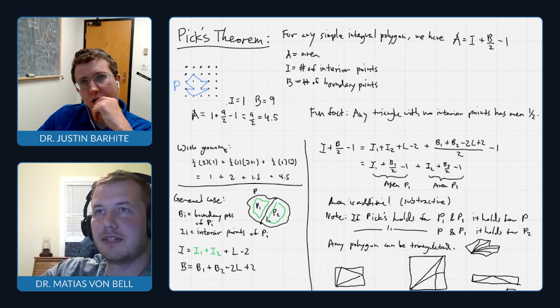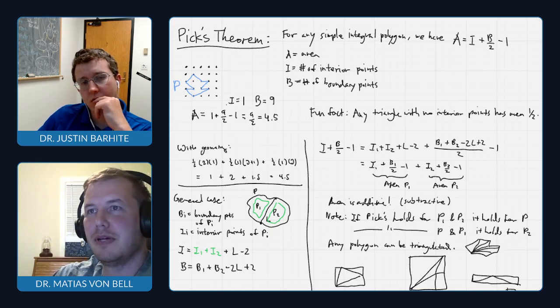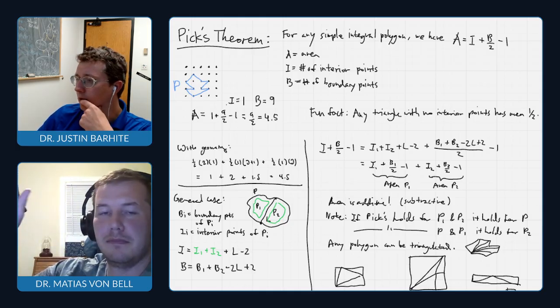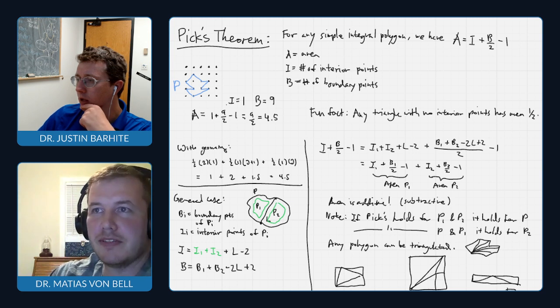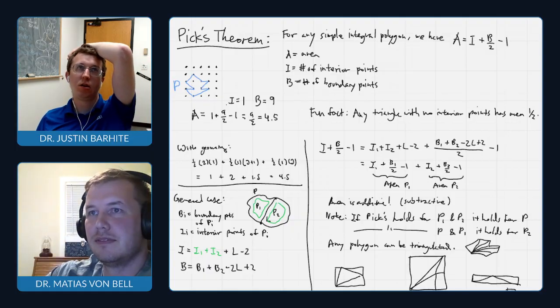What we talked about today doesn't depend on the actual coordinates; you just need the interior and boundary points. But if you know the coordinates of the vertices, you can take a bunch of determinants of 2 by 2 matrices, add them all up, and divide by 2 to get the area.